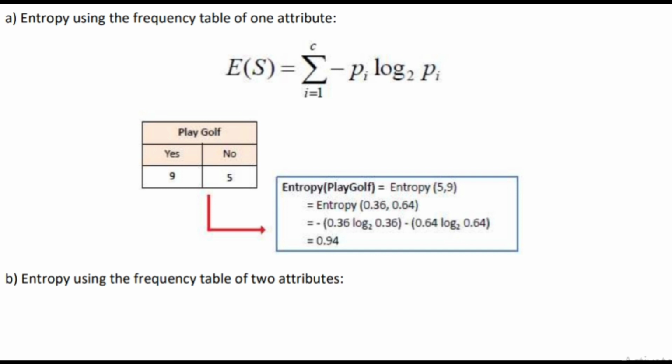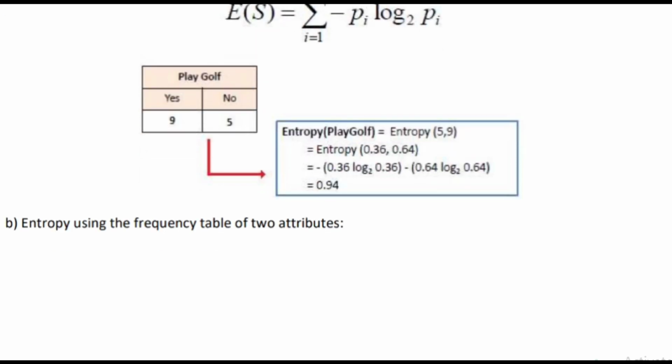This is how we find entropy using the frequency table of one attribute. In this entropy formula, P is probability. So here 0.36 is the probability of no and 0.64 is the probability of yes.